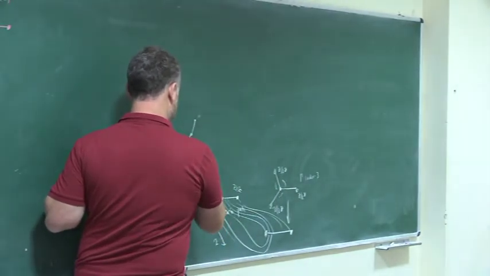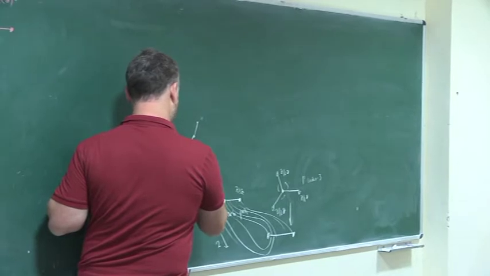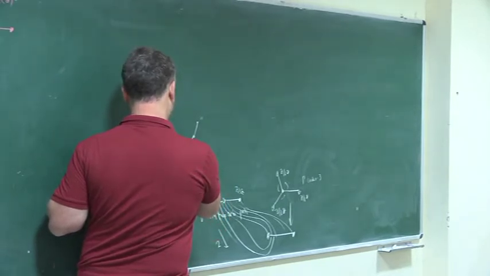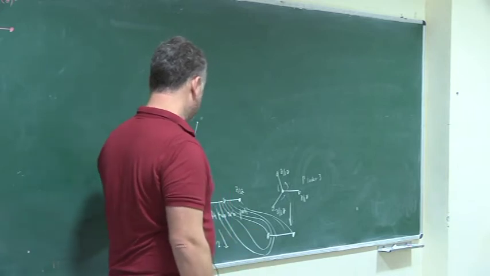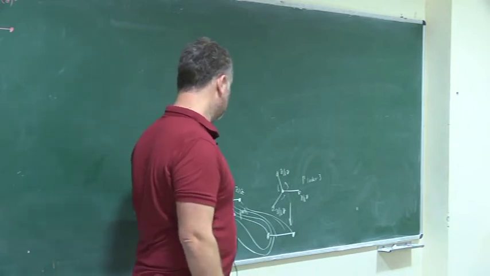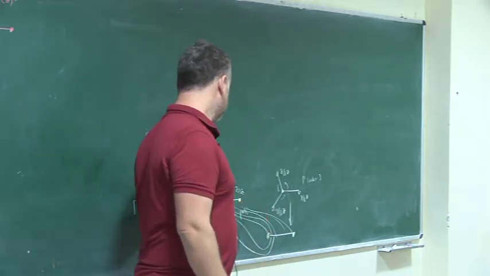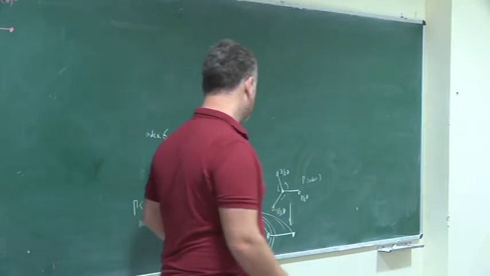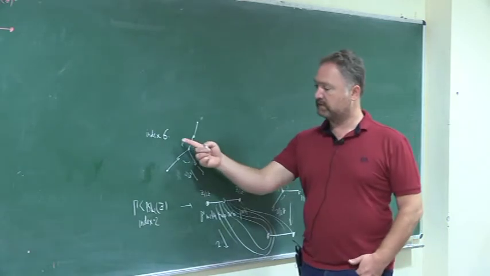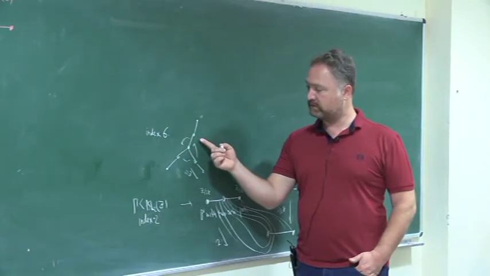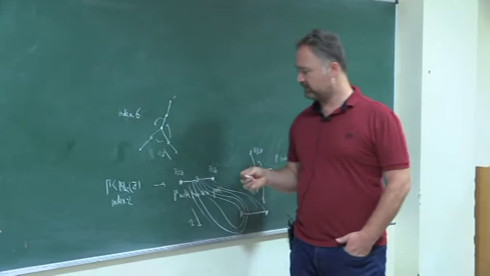Since there are 6 edges inside the graph, this corresponds to a subgroup of index 6. This is a normal Galois cover of this, but this is not a Galois cover of this, because obviously there is no Z over 6Z action on this figure.